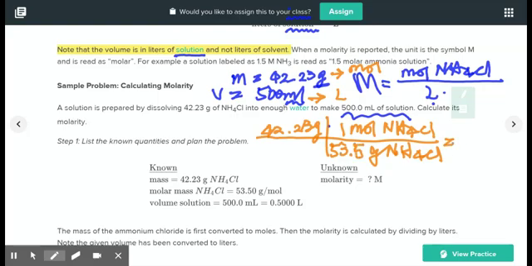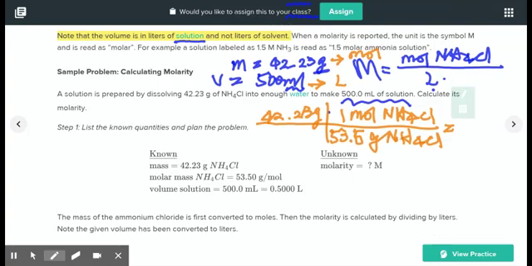And then you use 42.23 divided by 53.5, which is 0.7893 mole. Wonderful. Now we have the mole of solute.